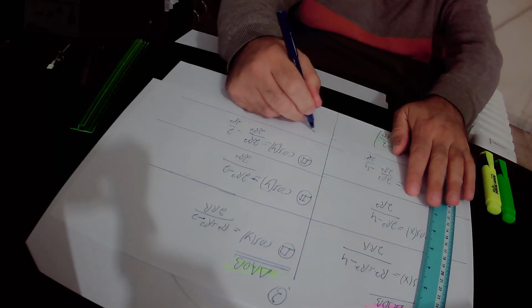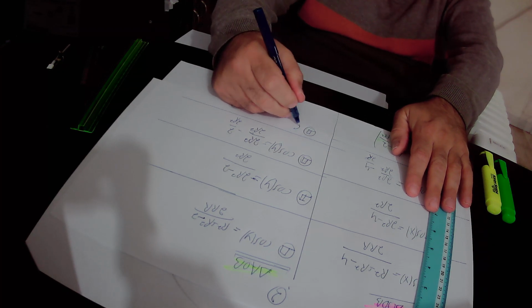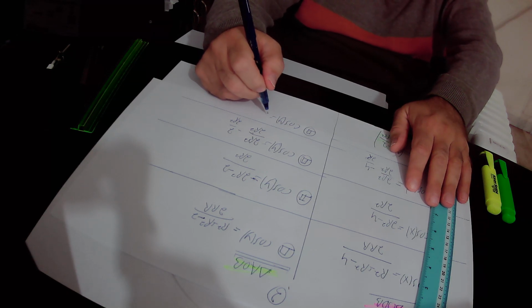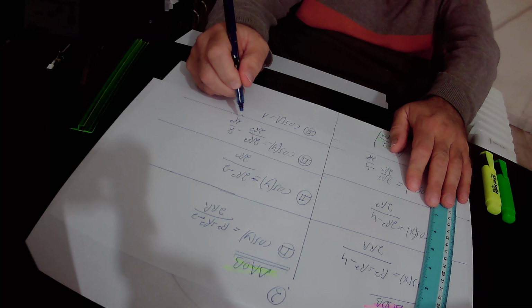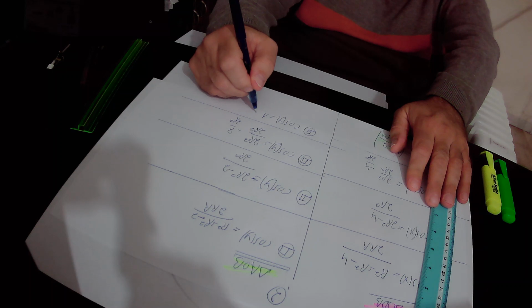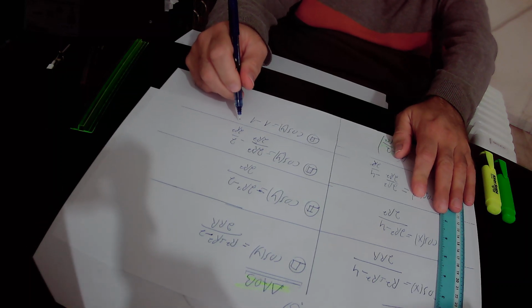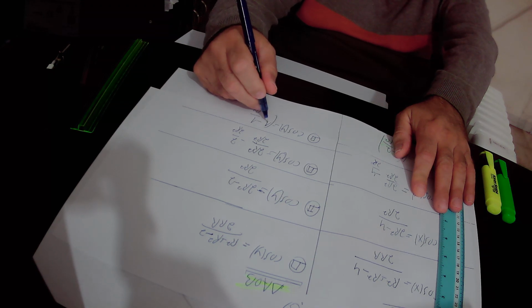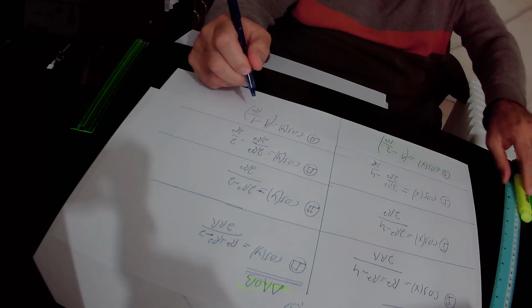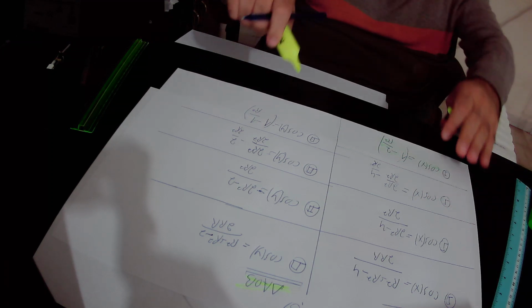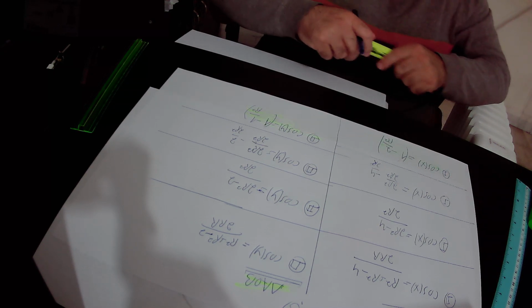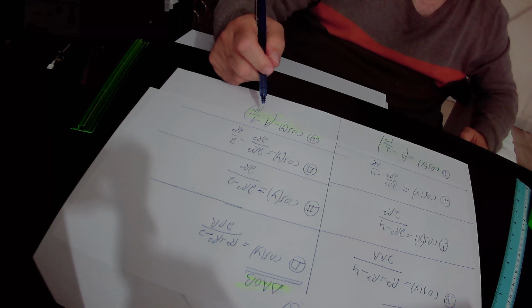So we found out that according to equation number 2, cosine y equals 2r squared over 2r squared, which is 1, minus 2 over 2, which is minus 1, and in the denominator we have r squared. So according to equation number 2, cosine y equals 1 minus 1 over r squared.